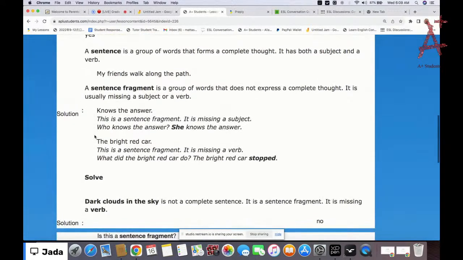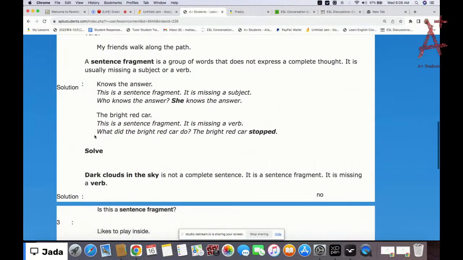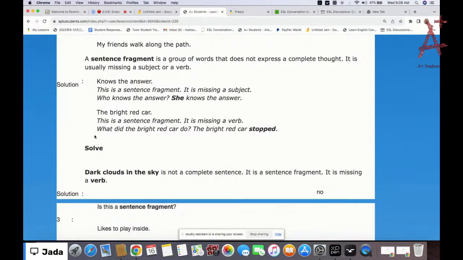Is it missing anything? You cannot just say dark clouds in the sky. There's definitely something missing. Dark clouds in the sky is not a complete sentence. It is a sentence fragment. It is missing a verb.